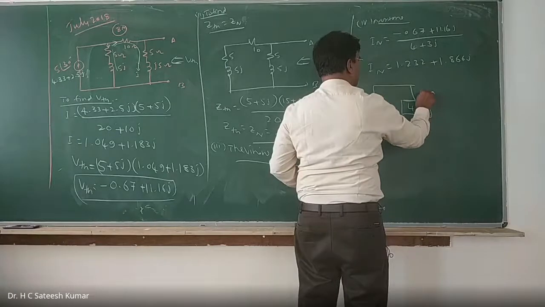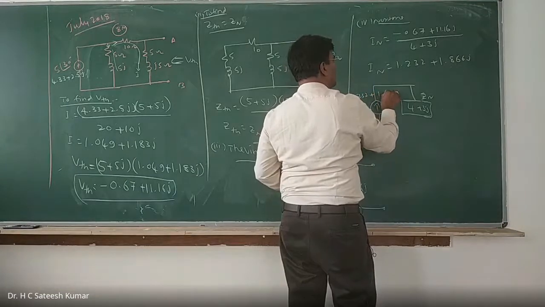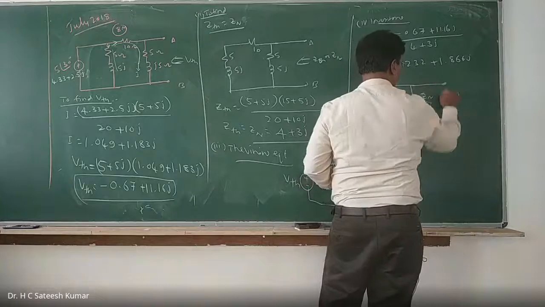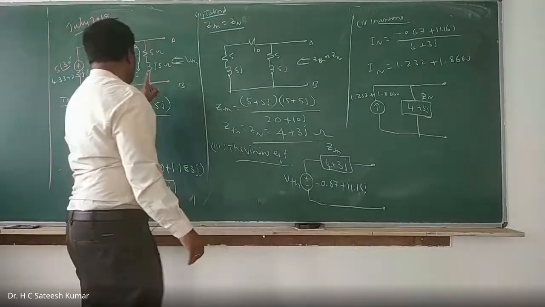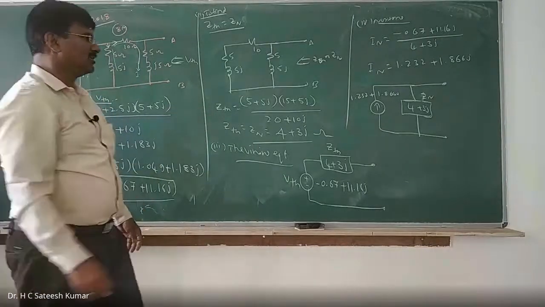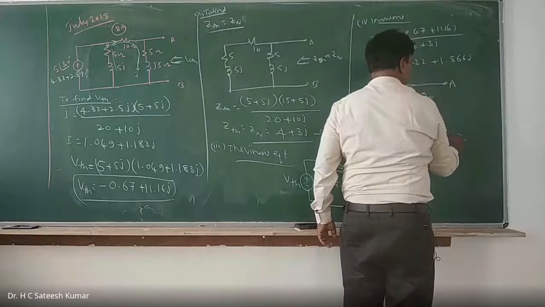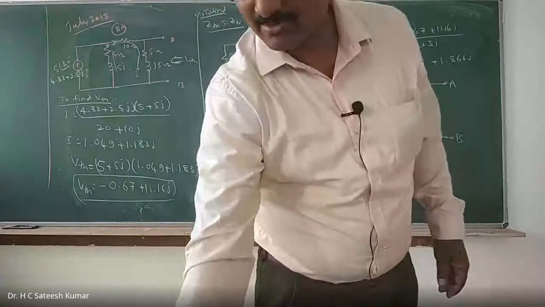This is your Zn, and the current source is 1.232 plus 1.866J. That's all. Or you can find it by short circuiting also, not required. Directly we can convert it, and we know the technique and source transformation also. That's why we did it this way. Okay, that is also fine. So that is another examination problem.